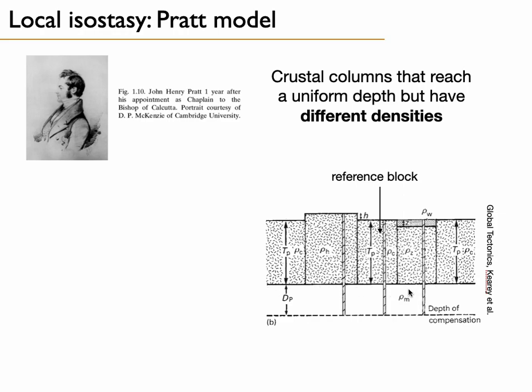They all have the same base. They have a different topography. So this would be a reference block. The thicker block, the higher block, would be lighter, would have a lower density, and the thinner block, which here is accommodating a basin, would be denser.